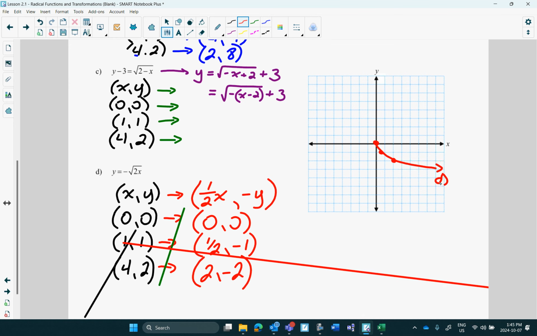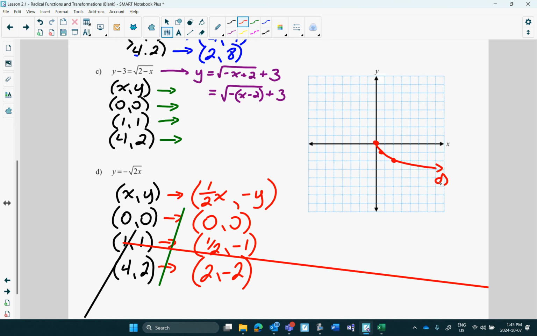Do we all see why the -3 is in the wrong place? We need y by itself. So I need to move this over to the other side by adding 3 to both sides. So that's the first thing. And notice when I add to both sides, that becomes the vertical shift.